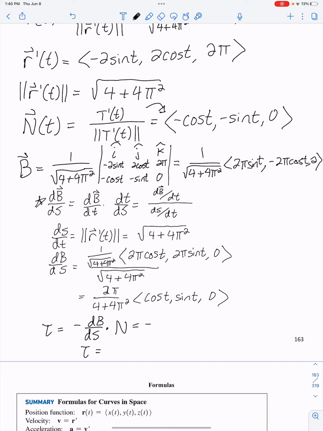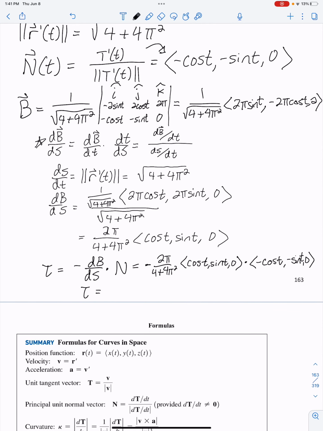So we get negative dB ds, so it's negative 2 pi over 4 plus 4 pi squared times cosine t, sine t, 0, dotted with the normal vector, which is way above, negative cosine t, negative sine t, 0.